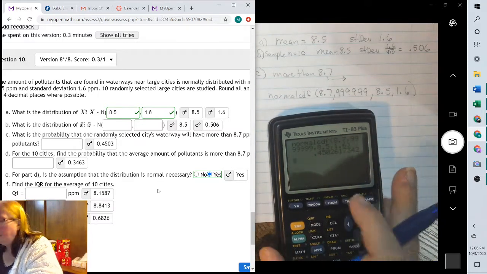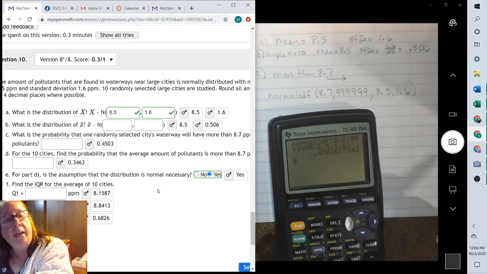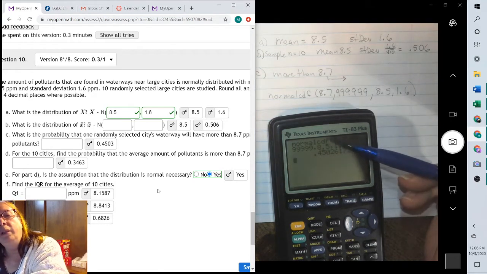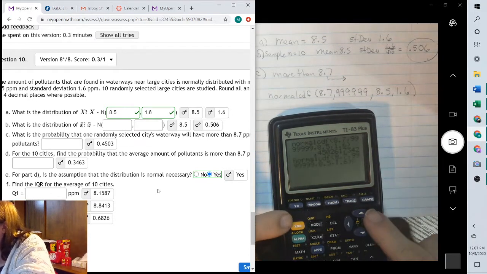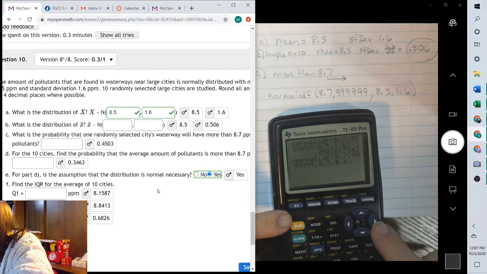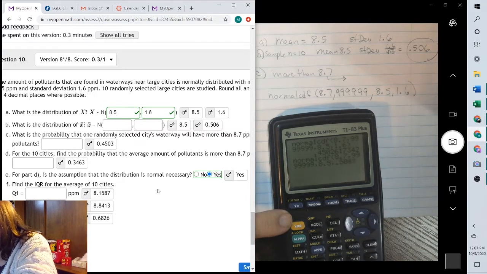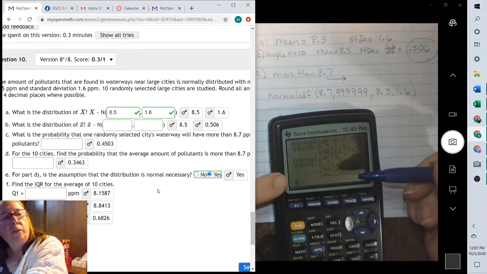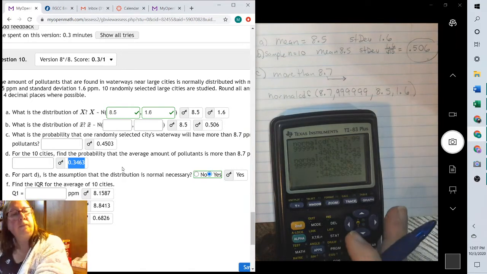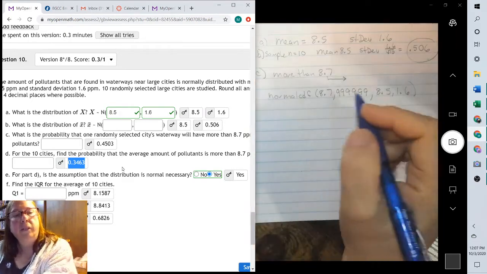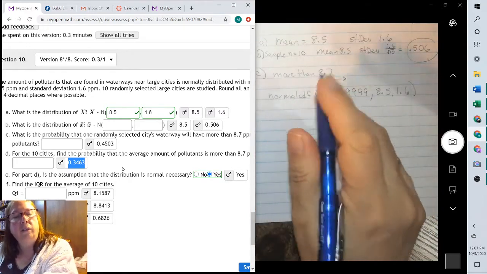Part D is doing the same thing, but it's a sample of 10. Because it's the sample of 10, the only thing that changes is that standard deviation. It changes to this. So you can hit second and enter, and then your 1.6 changes to a 0.506. Oops, I hit it twice, but there's your value right here. I think you understand the E's because you're getting all of them right.